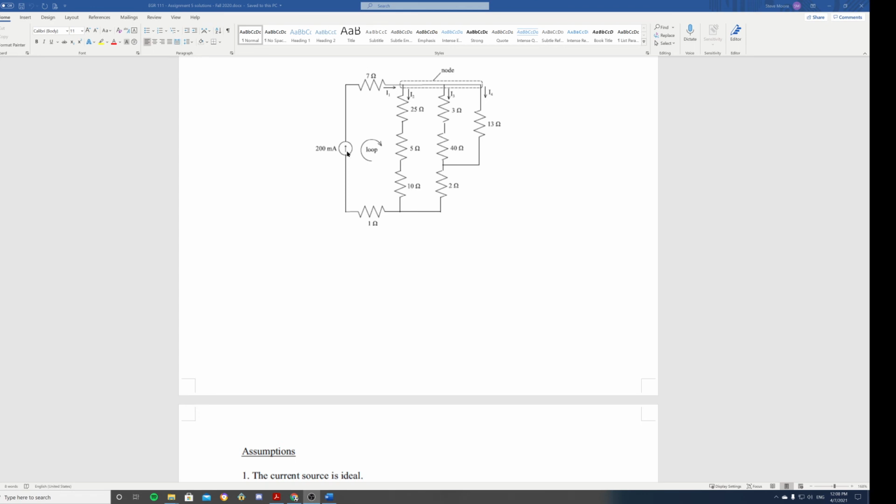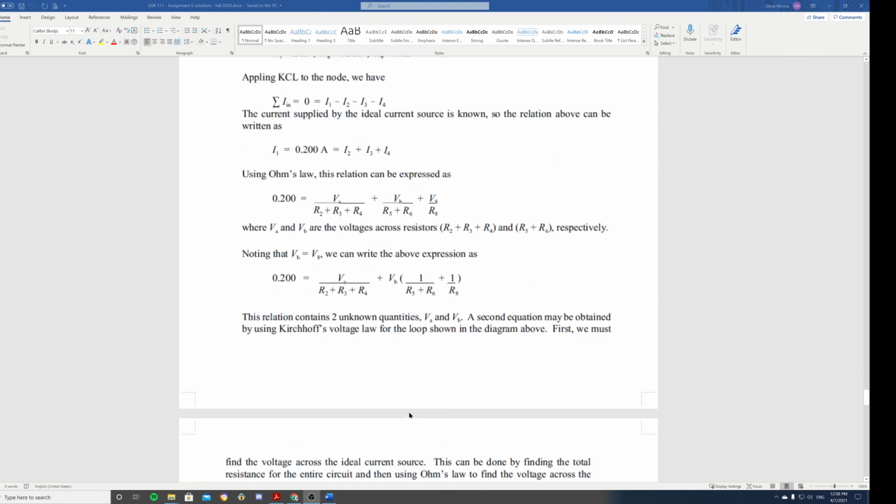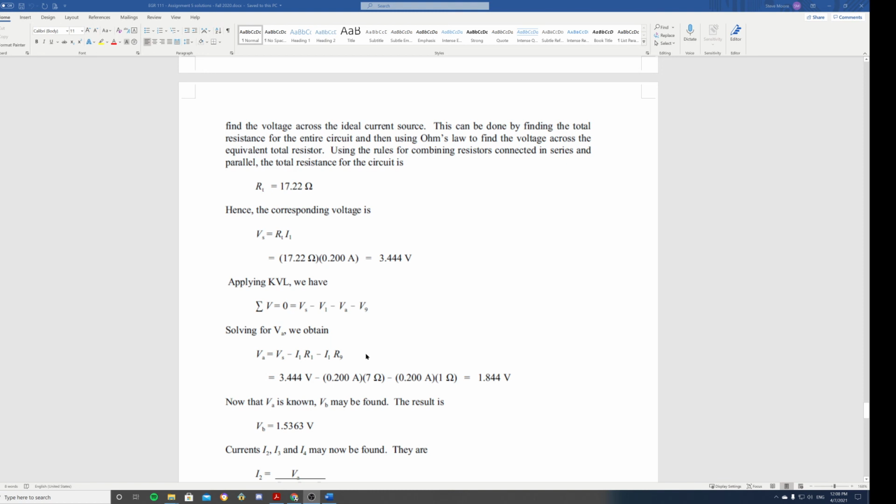So we go up, then we go down, so it's negative. Then we go down by VA, which is negative. And then we go down by one more voltage, the voltage drop across this 1 ohm resistor, which is R9. All right. So what do we have? KVL: VS minus V1 minus VA, which is the voltage across those three resistors together, minus V9.